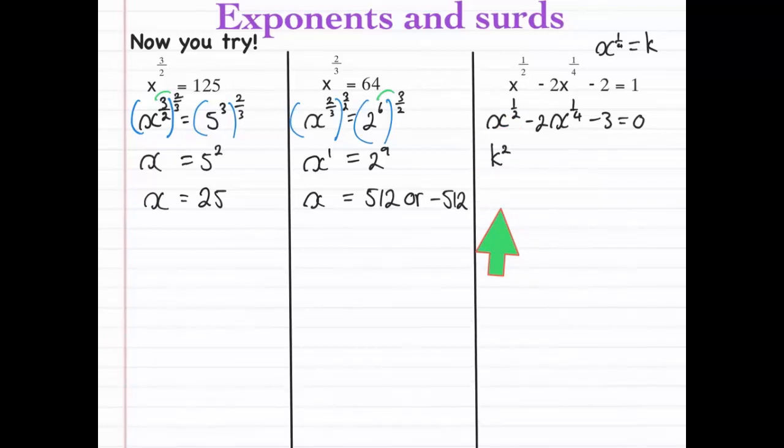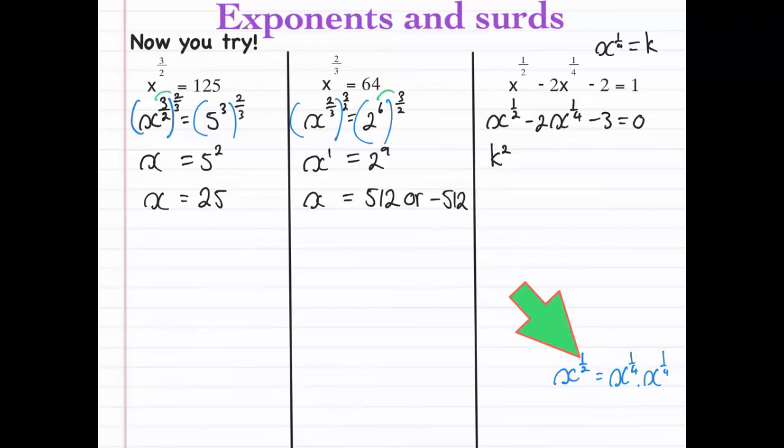Now if you are not sure, I'll show you here at the bottom what that means, because x to the power of a half is exactly the same as x to the power of a quarter times x to the power of a quarter. How do I know? Because when we multiply, the x, a quarter plus a quarter gives me a half, okay? And you can test that as well. If you're unsure, you can use your calculator, because a quarter plus a quarter does give me a half.